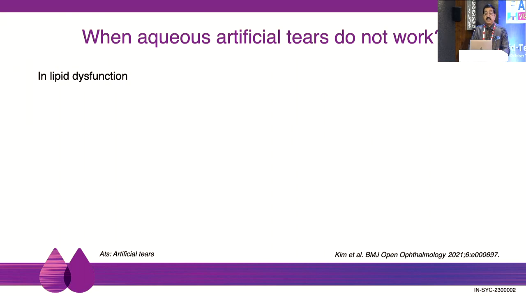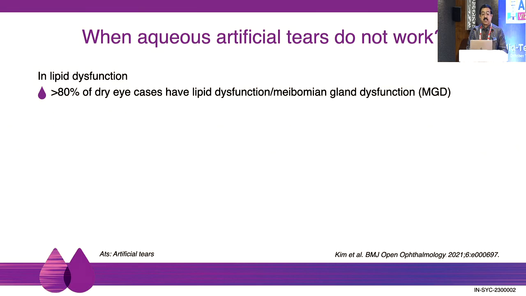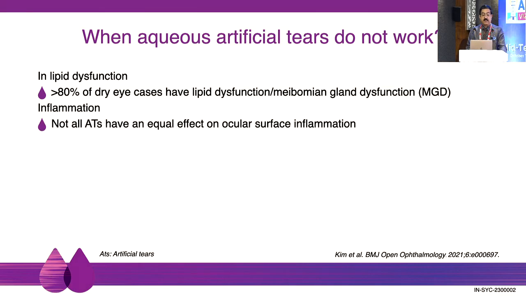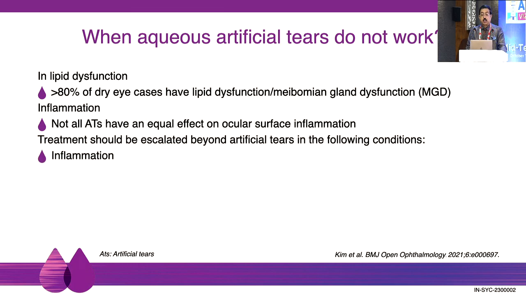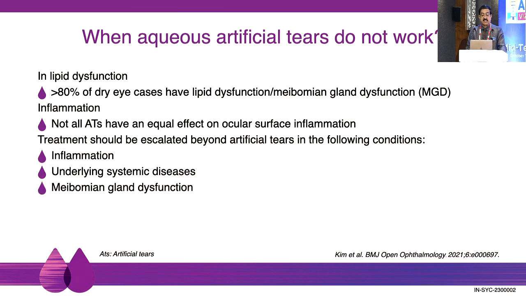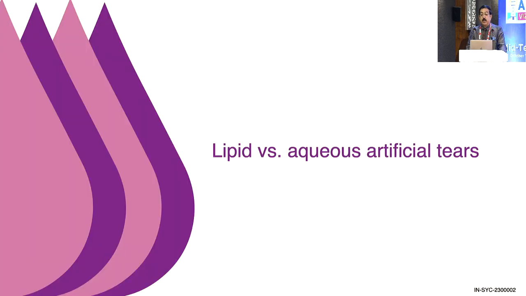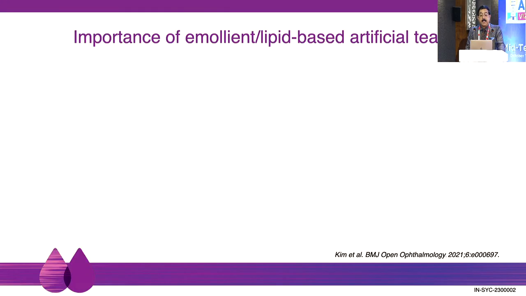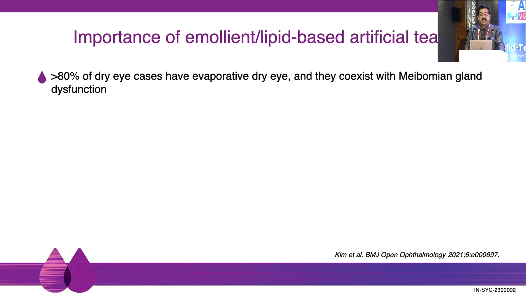But the aqueous artificial tears do not work in lipid dysfunction or in inflammation, and the treatment should go beyond the artificial tears in these conditions. So it's important to understand where the lipid versus the aqueous artificial tears have to be used. And here comes the importance of the emollient and the lipid-based artificial tears.